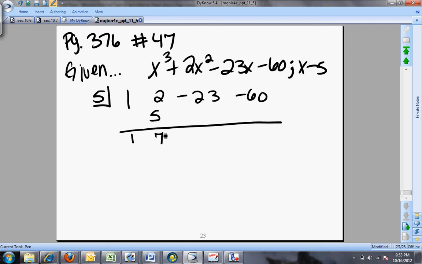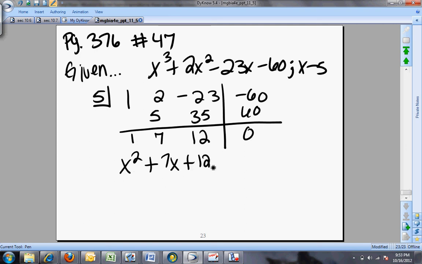Add them up, you get 7. 5 times 7 is 35. Add them up, you get 12. 5 times 12 is 60. Oh, isn't that nice? The remainder is 0. We should have known that was going to happen since they told us it was a factor. This is our constant. This is our x term. This is our x squared. So we end up with x squared plus 7x plus 12.